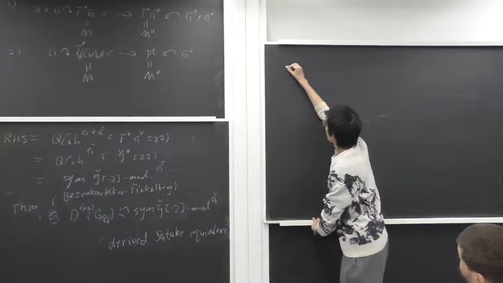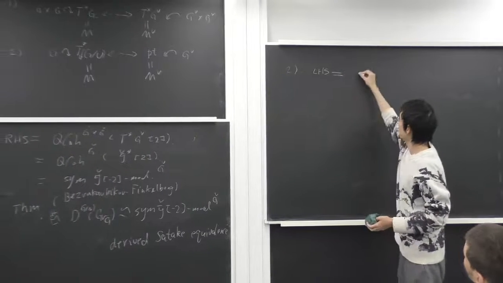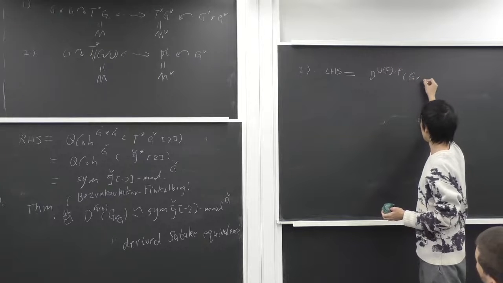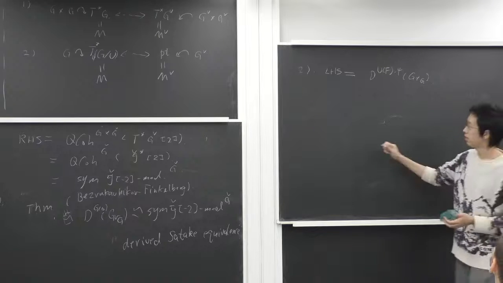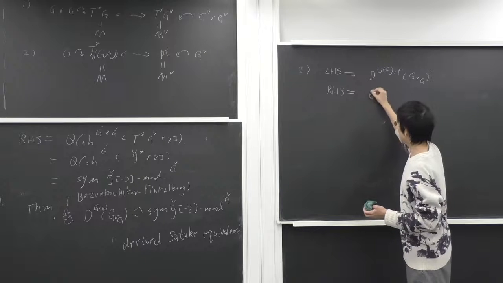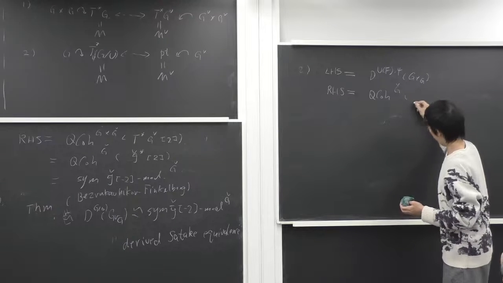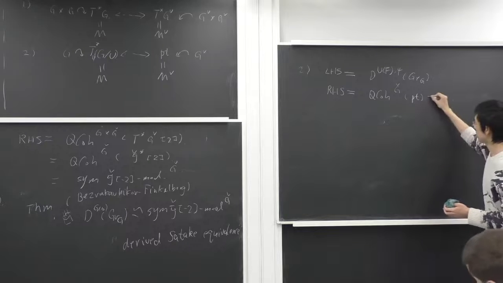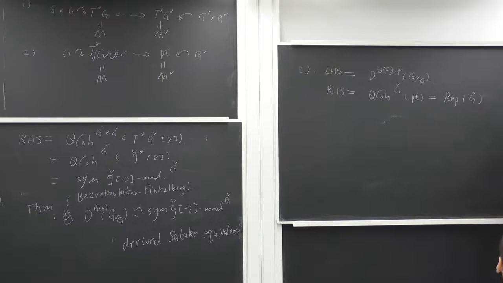So the left-hand side of the Ben-Zvi-Sakellaridis-Venkatesh conjecture just says the U_F with character equivariant modules on the Grassmannian associated with G. And the right-hand side is G check equivariant quasi-coherent sheaves on the point, which is by definition just the same thing as the category of representations of G check, the Langlands group.